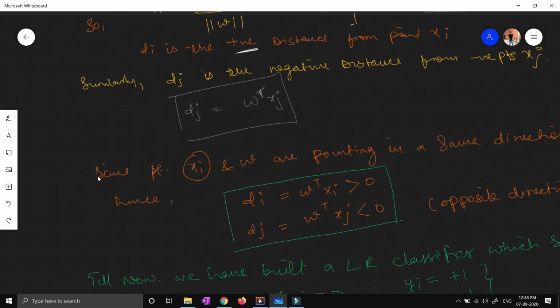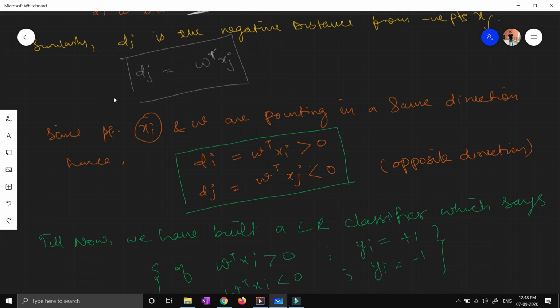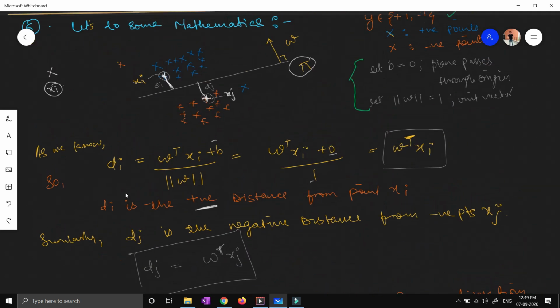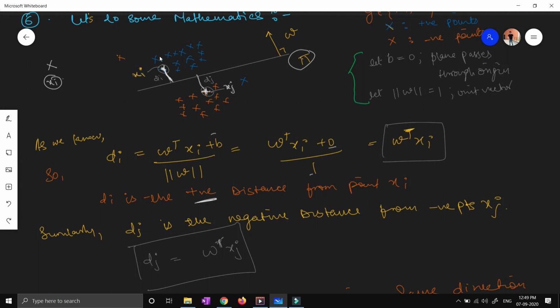Now if you are able to understand this, we have already got the distance of a single point from the plane, which is di and dj. You can see over here that the xi point, in the blue color, is in the direction of w, or the direction of the normal, hence it's a positive class.